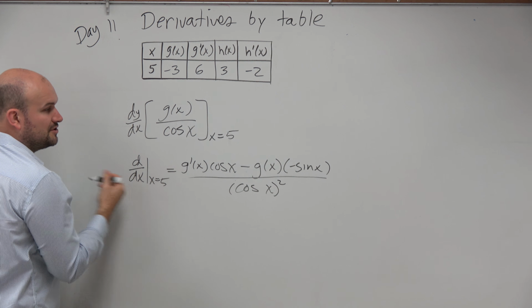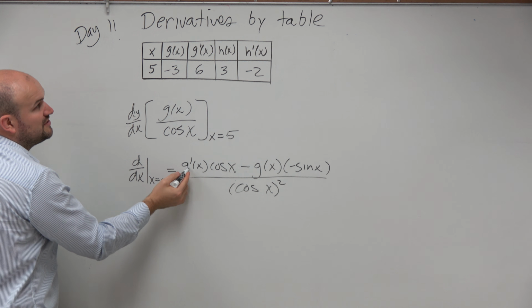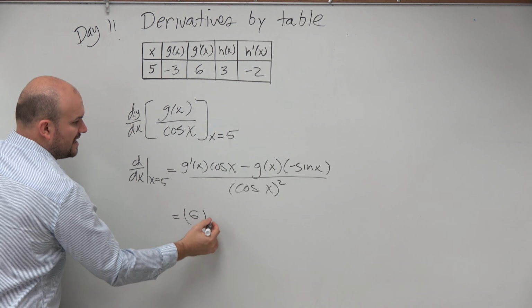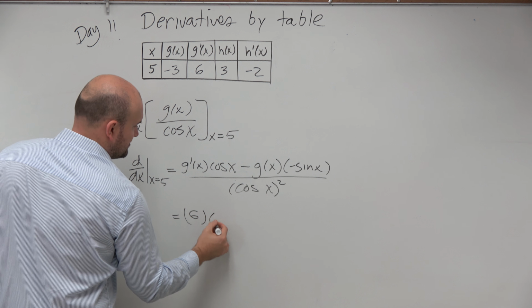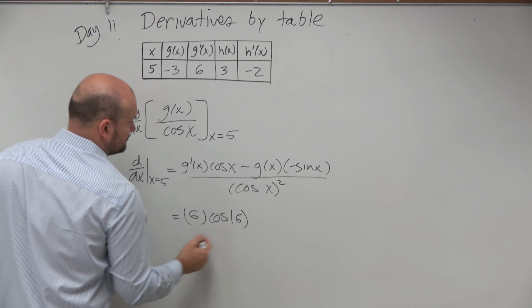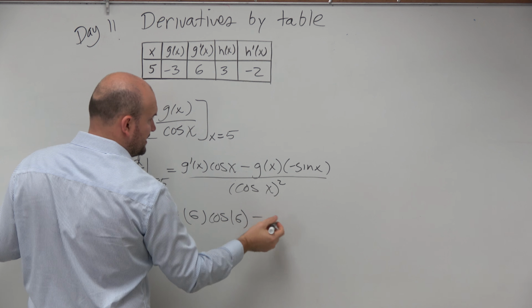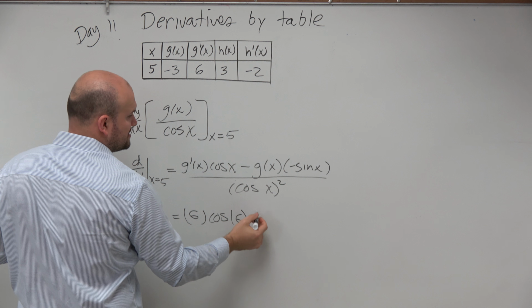All right, so now let's go ahead and figure out what everything is. So we have g prime at 5, which is equal to 6, times the cosine of 6, minus g of 6, which is negative 3. And that's minus another negative, which is positive.